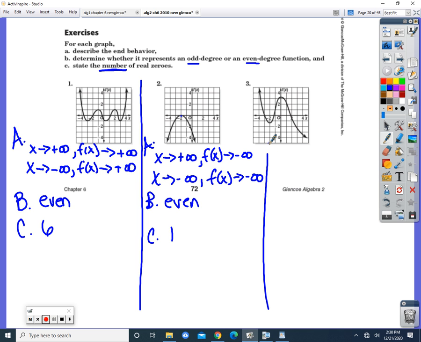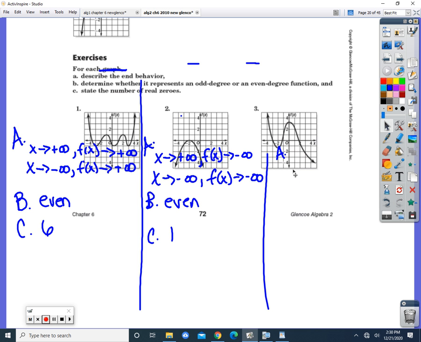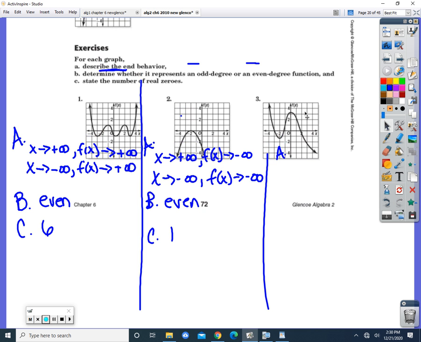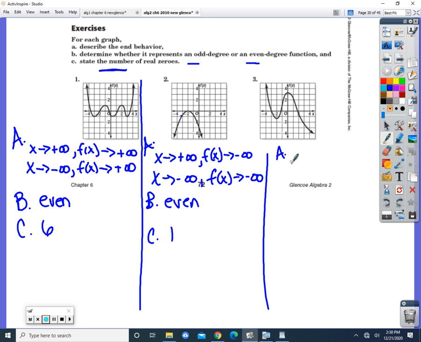Okay, third one. A part, let's do x. Let's go back and see what it's doing. So x approaches positive infinity, and it's going negative.